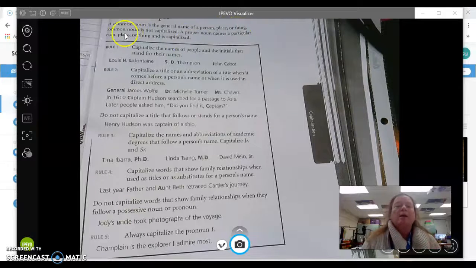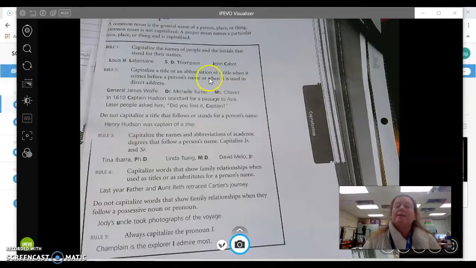Don't forget, common noun is not capitalized. A proper noun names a particular person, place, or thing, and it is capitalized. So the first rule deals with people's names and initials, and the fact that if you have an initial that stands for like their middle name, or if they go by their first initial, middle initial, that those would be capitalized, as well as their first and last name.